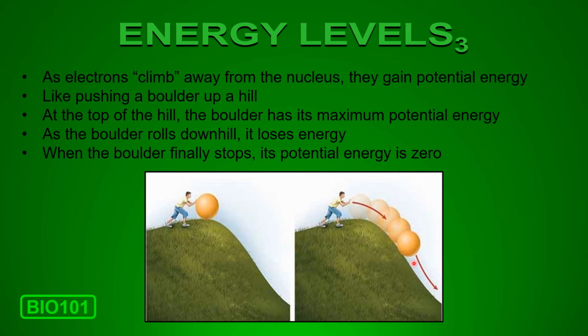Potential energy is zero. So potential energy at the top of the hill is greatest. When we think about energy levels, the potential energy of any electron is greater at the top of the hill. The top of the hill is energy level M or N or O. It's way out there, away from the nucleus.